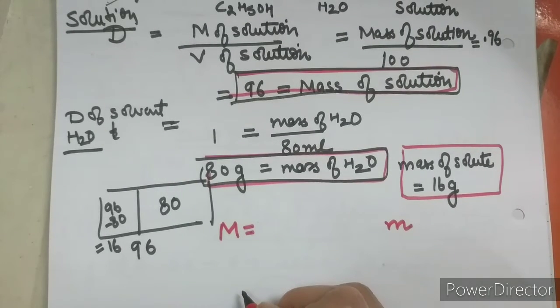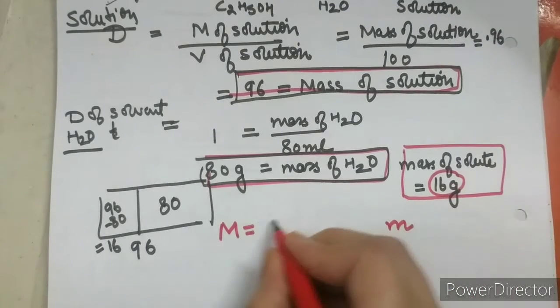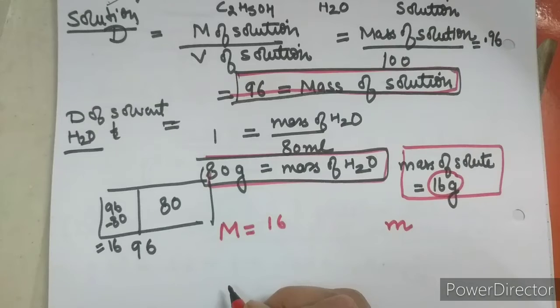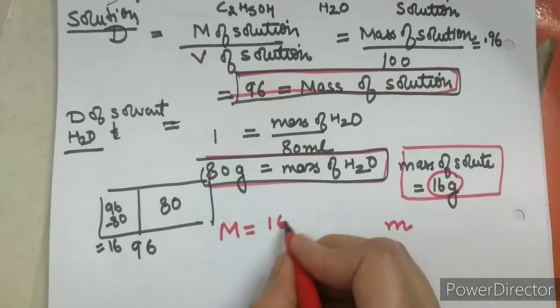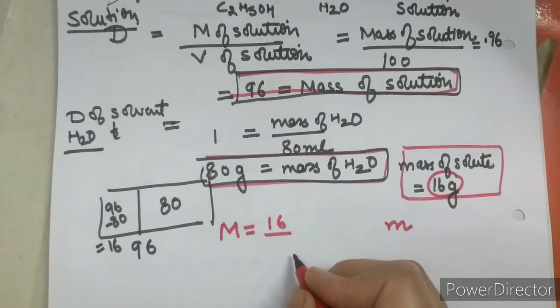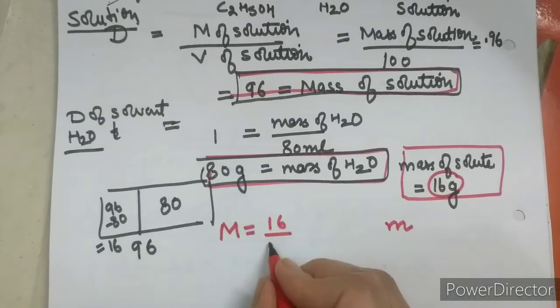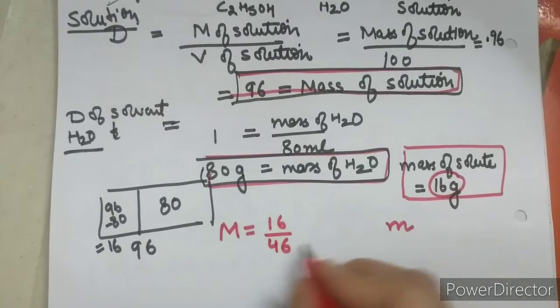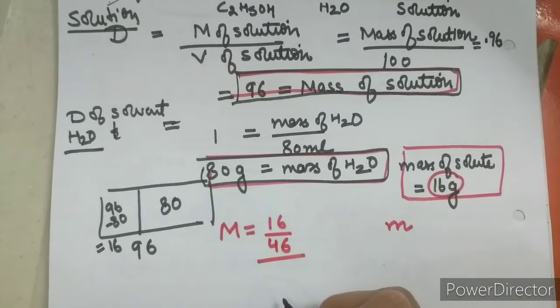Molarity is the number of moles of solute per volume of solution. So what is the number of moles of solute? It is the mass of solute, which is here 16 gram, divided by the molar mass of solute. The solute is ethyl alcohol, and the molar mass of ethyl alcohol is 46, divided by the volume of solution.